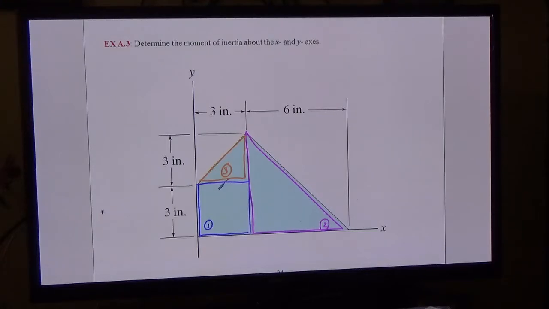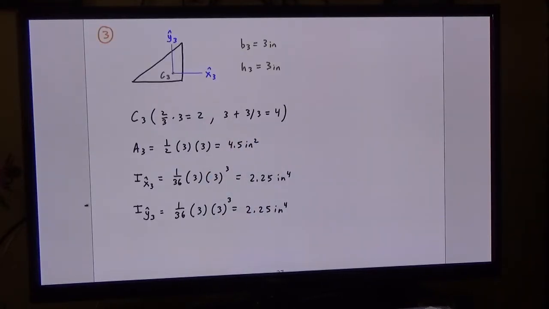And then for y tilde, first of all I have to get up to the base, so 3 plus, then keep it close to the right angle, 1/3 of the height 3. For area, I have here 1/2 base times height.